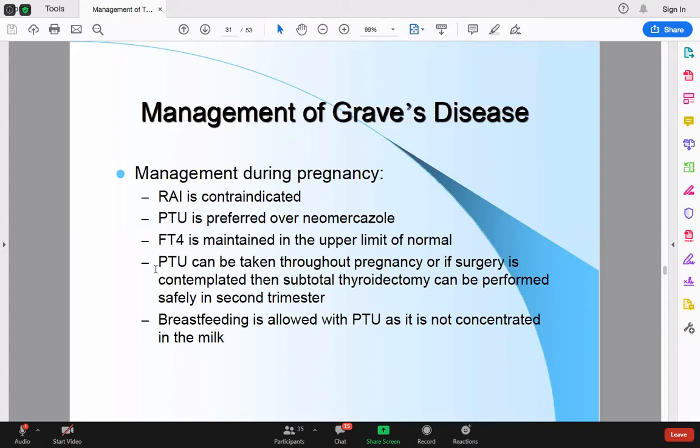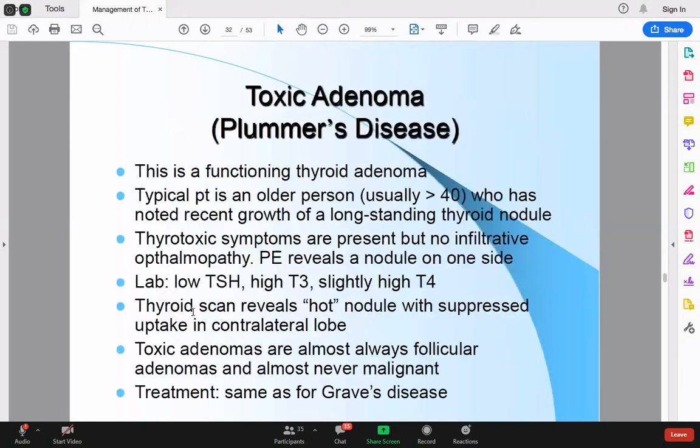We always like to keep the free T4 at the upper limit of normal. This is mostly for the baby. PTU can be taken throughout the pregnancy, and if you're going to proceed with surgery, usually it's done in the second trimester. PTU also is safe during lactation and breastfeeding.